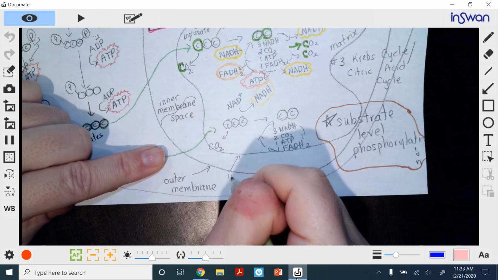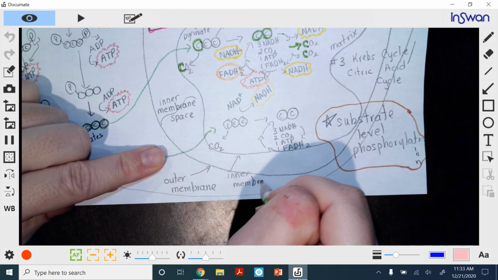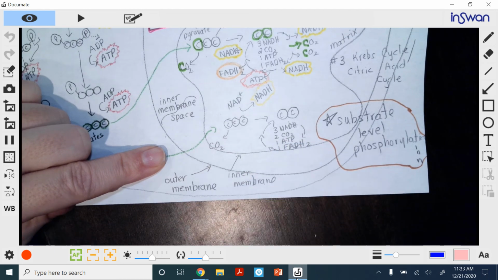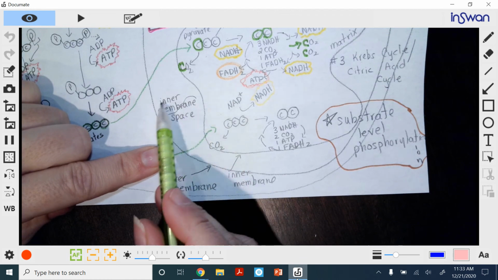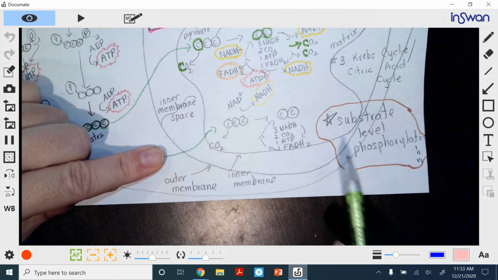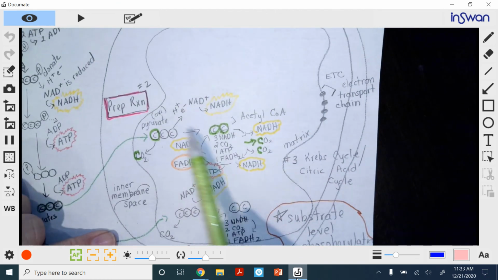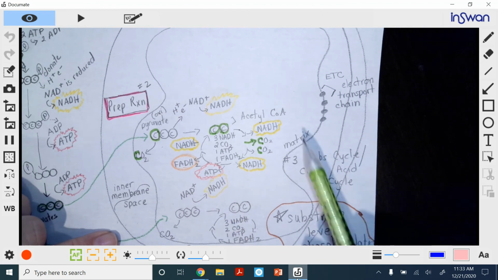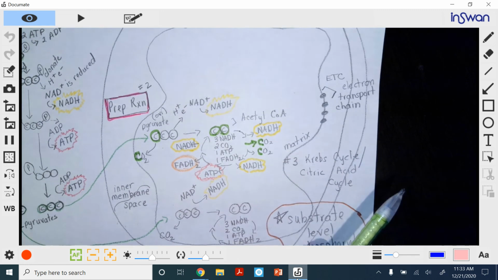That one's called the inner membrane. Okay, so we have outer membrane, inner membrane. We're going to talk about the inner membrane space. And then remember, this part is called the matrix of the mitochondria. We labeled it right here, that this is called the matrix. Okay, all right.